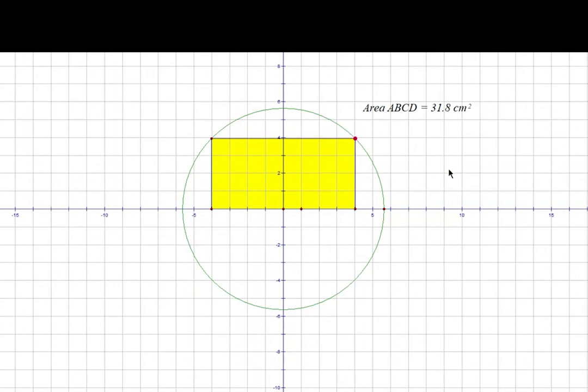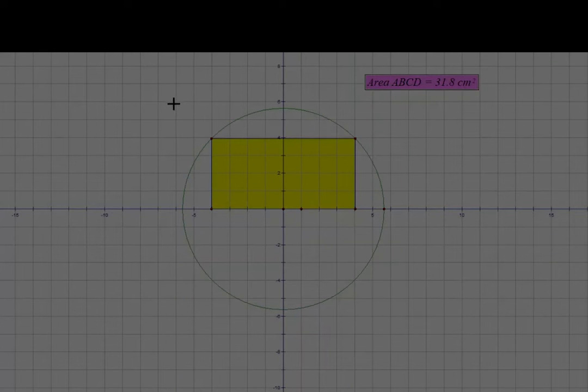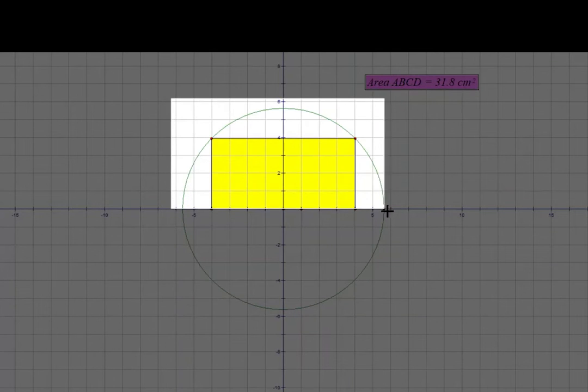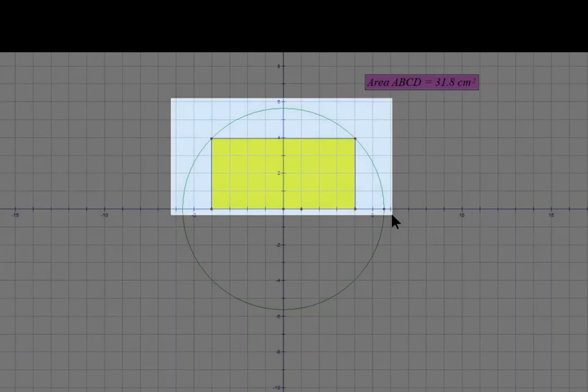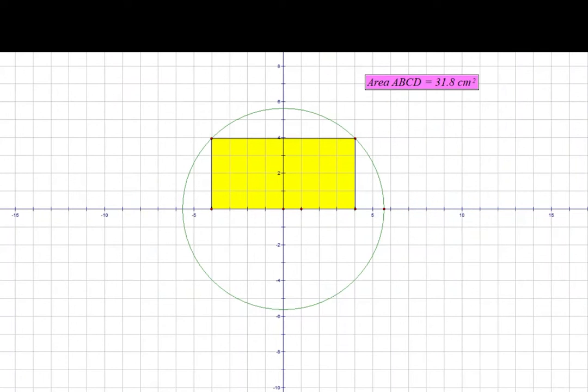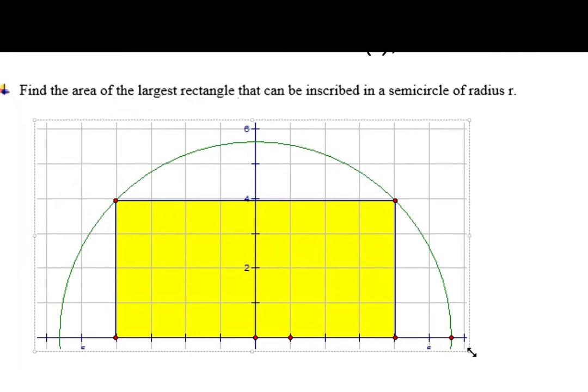Somewhere there. Okay, now I'm going to copy this to your note. Okay, now we have the picture.